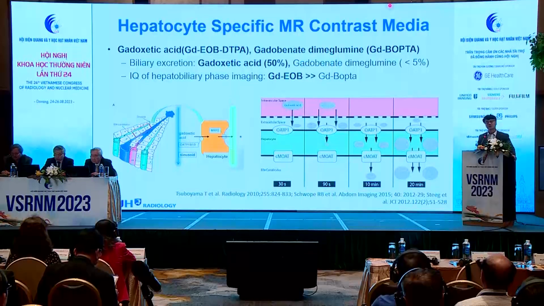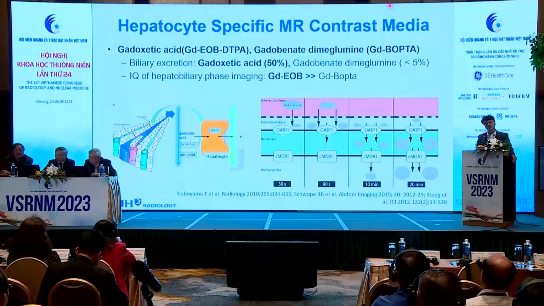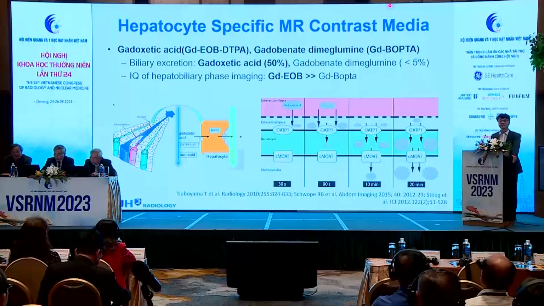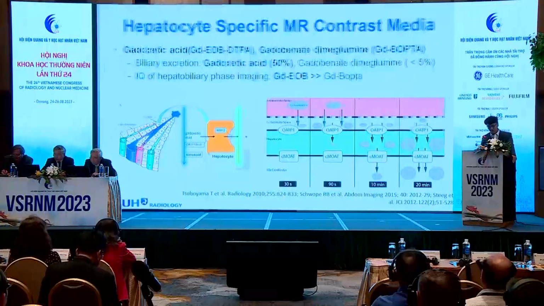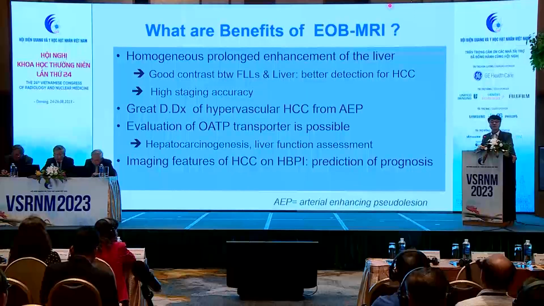extracellular space. So if you compare portal venous phase enhancement with the hepatobiliary phase enhancement of the liver after injecting EOB, hepatobiliary phase imaging provides much stronger enhancement of the liver. So that gives a very good advantage for detecting small focal liver lesions.